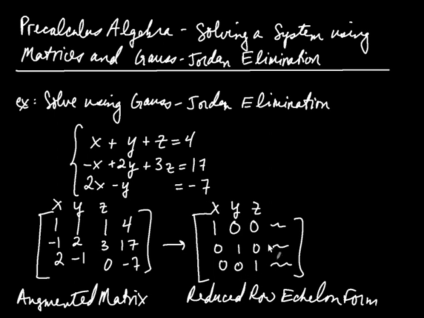And the solution that we're going to be able to read off at the end is going to be the same as the solution to the original problem, which is, of course, the solution to this system. And we're going to see how this works, but we have to first identify how you get from here to there. What are the elementary row operations you can use to convert this matrix to that matrix? So let's go ahead and identify those now.